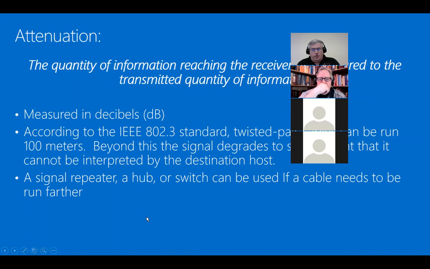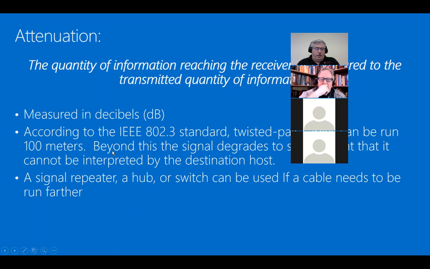So attenuation: when you send electricity across copper, well, anything really, but copper specifically, it has a resistance to it. And so you can only send it so far before you don't have any more voltage. So you have a voltage drop.